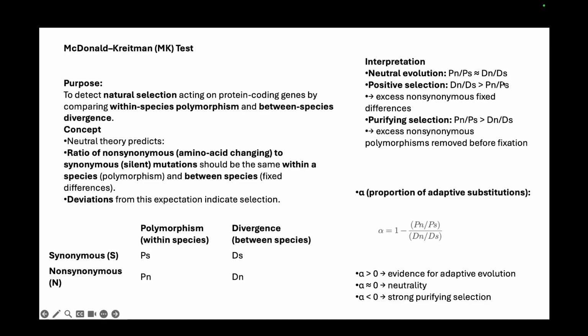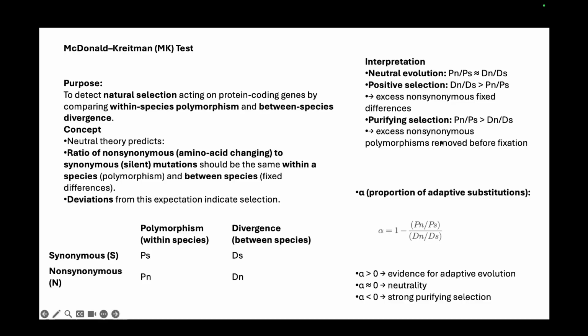So across species, the rate of non-synonymous mutations compared to the rate of synonymous mutations should be comparable across different species. If positive selection is going on in a particular species, their DN by DS will be significantly higher than other species. And if purifying selection is happening, then within species differences will be higher than between species differences.